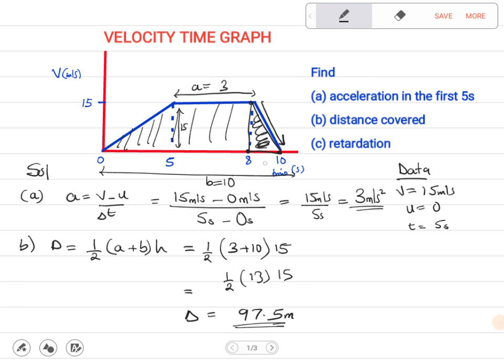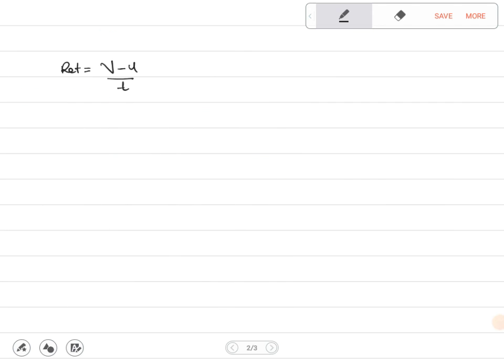So that is 10 minus 8. So the time is 2. The initial velocity here is 15 and the final is 0. So we're going to say 15 minus 0 over 2. So this will give us 15 over 2, to give us 7 point 1 over 2 meters per second squared.